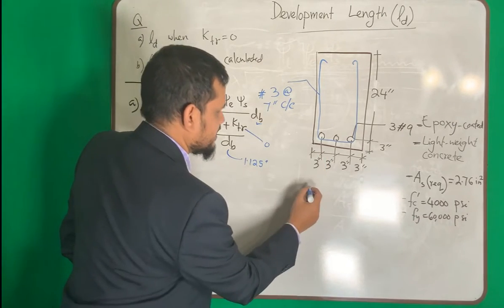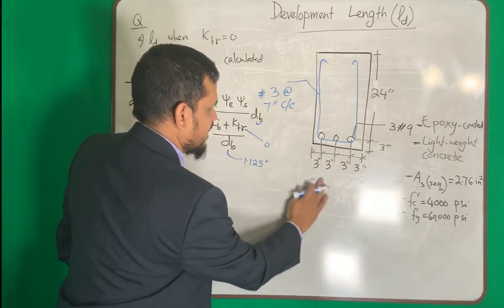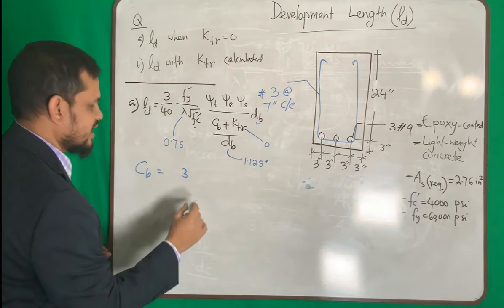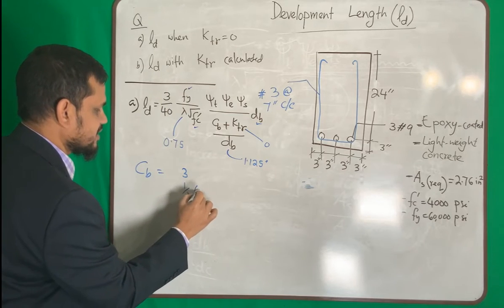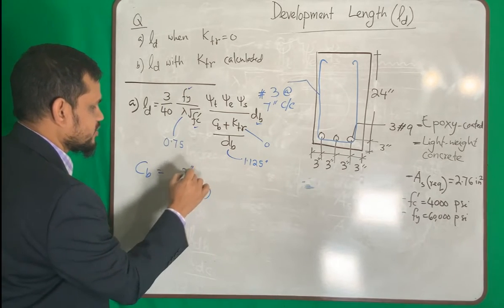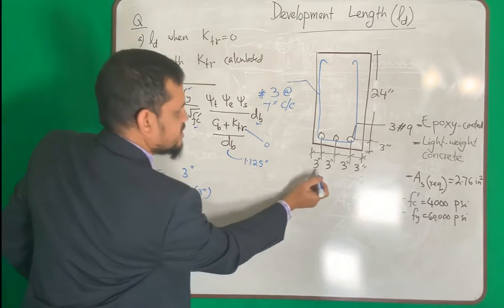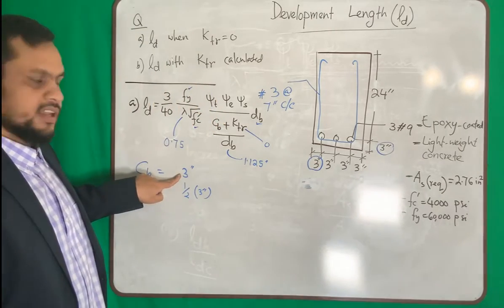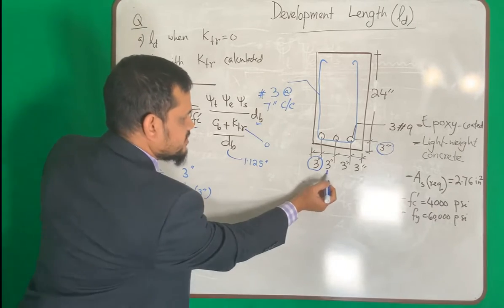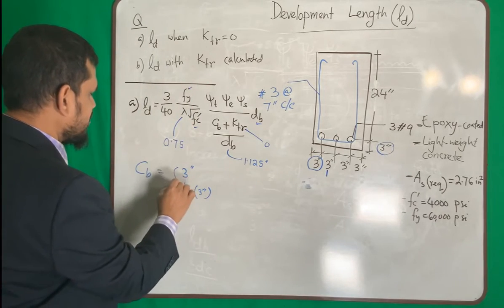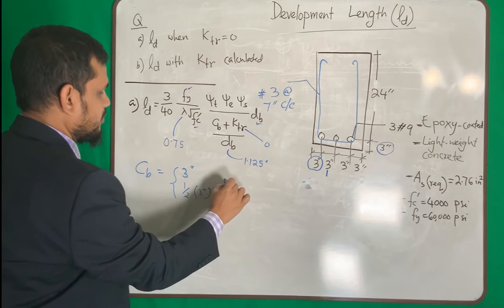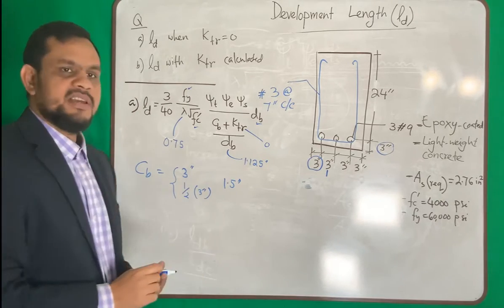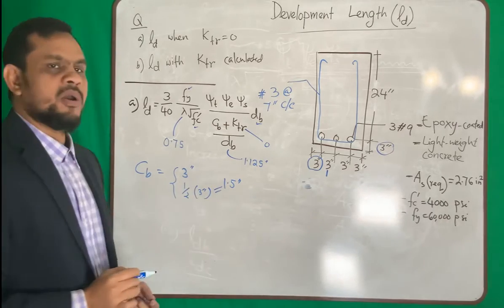So one is 3 inch, other is half of 3 inch. What is this 3? This 3 is actually this one, and this 3 inch means this one. So we are getting the smaller, so it will be 1.5 inch. Because this will be smaller. So CB will be 1.5.